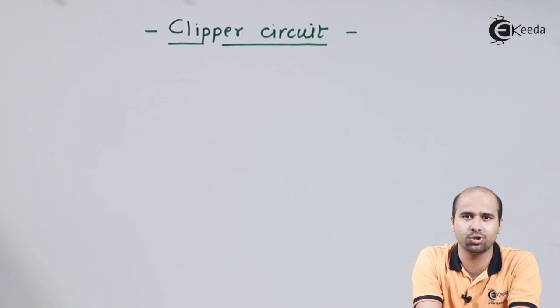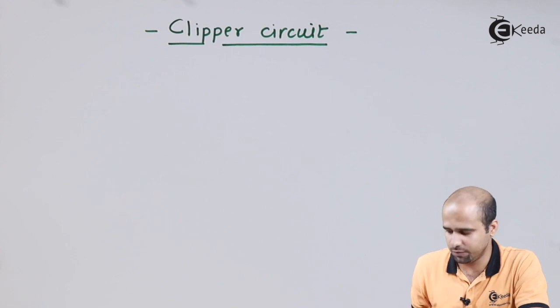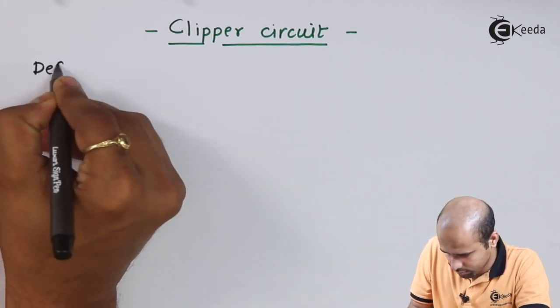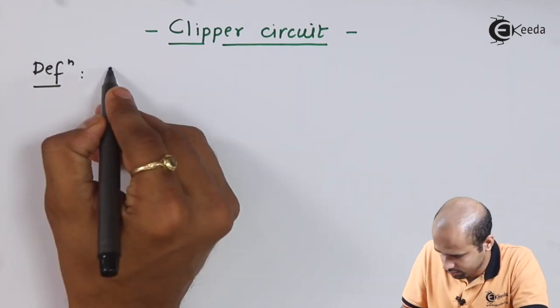As far as clipper circuit is concerned, first of all we will see the definition. The circuit which is used to clip off input AC signal is called a clipper circuit.